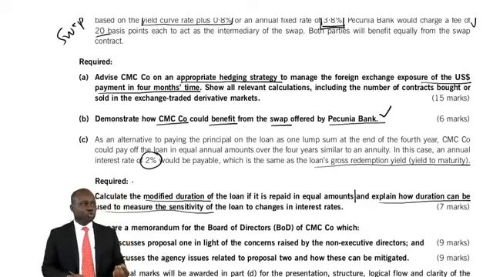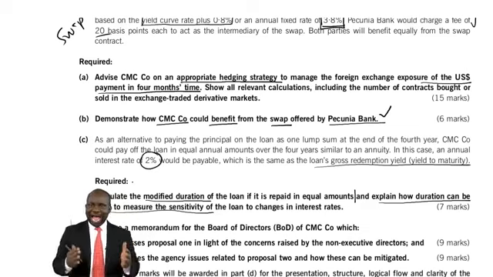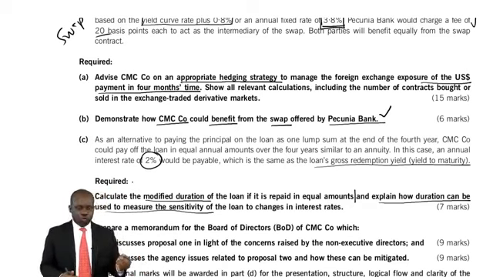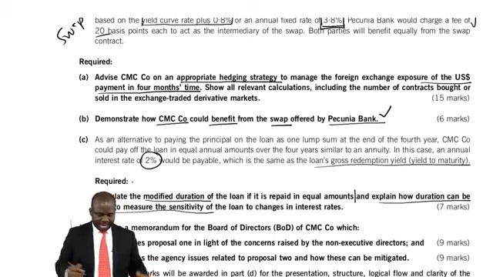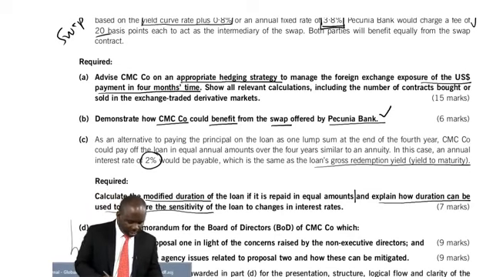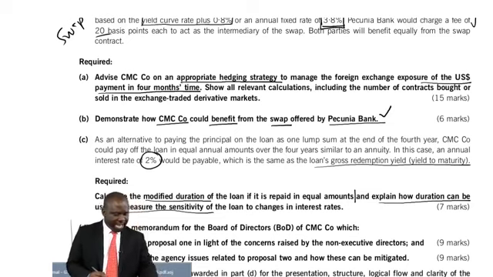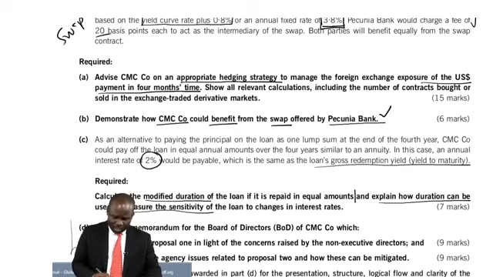So if it is 2%, I will need the annuity factor of 2%. How many years? 2%, 4 years, over the life of the project. And the annuity factor of 2% for 4 years is 3.808. Okay, 3.808.